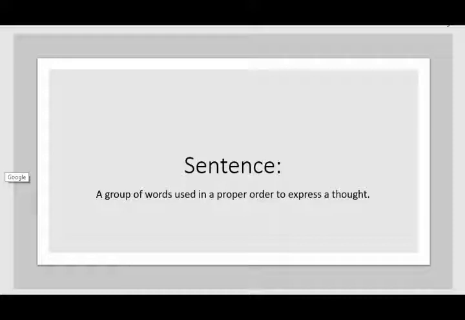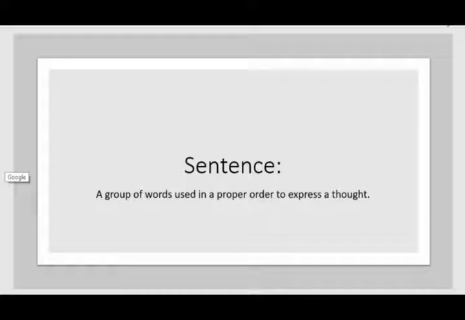When I said order, what I mean to say is all the words in English language fall under 8 parts of speech. So whatever word you take from the dictionary, it falls under one of the 8 parts of speech.